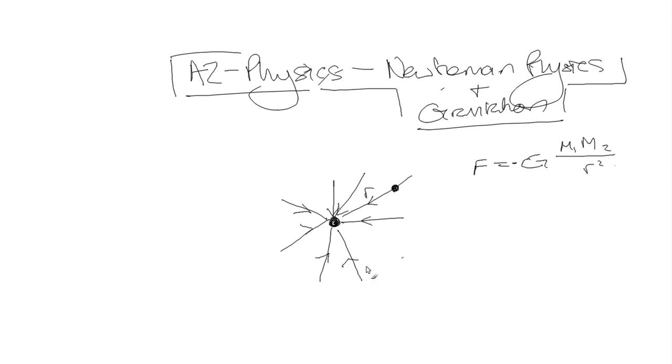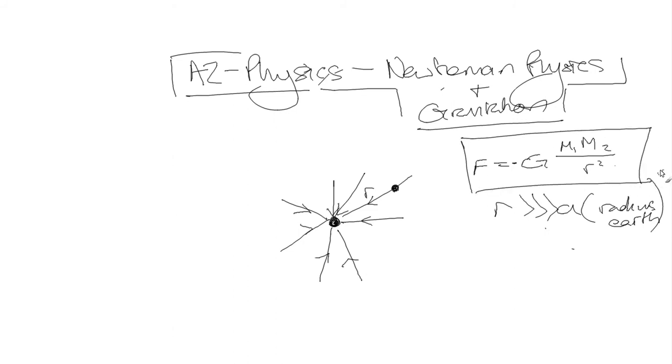So for large distances, where r is very much larger than the radius of the Earth, let's say a is equal to the radius of the Earth, when r, the distance between the two objects, is very much larger than the radius of the object, then you'll apply this formula, which is Newton's gravitational law. However, for let me quickly resolve this quickly.